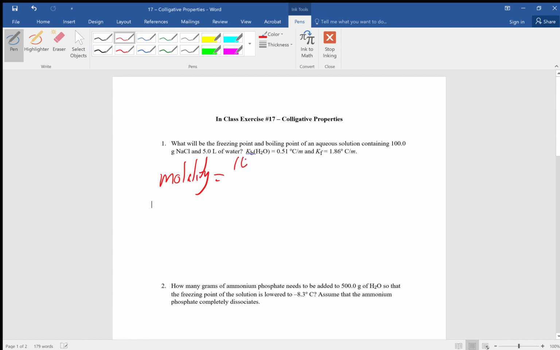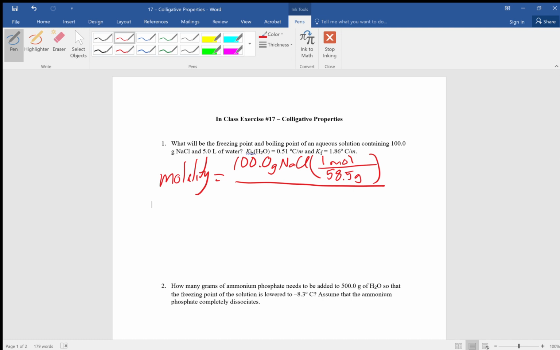So that's the 100 grams of sodium chloride converted to moles. That right there will give us our moles of sodium chloride divided by the mass of the solvent in kilograms.